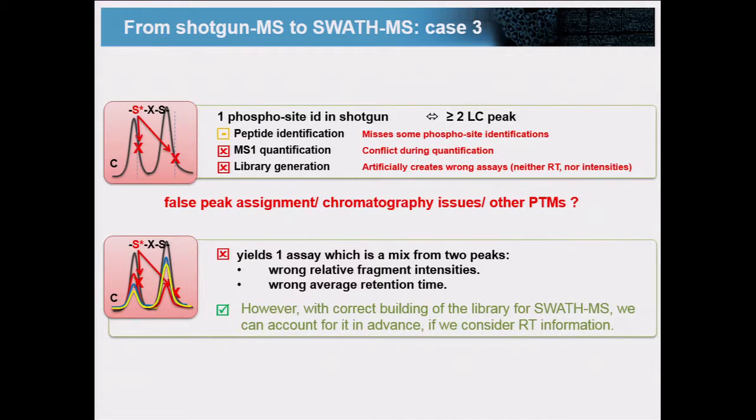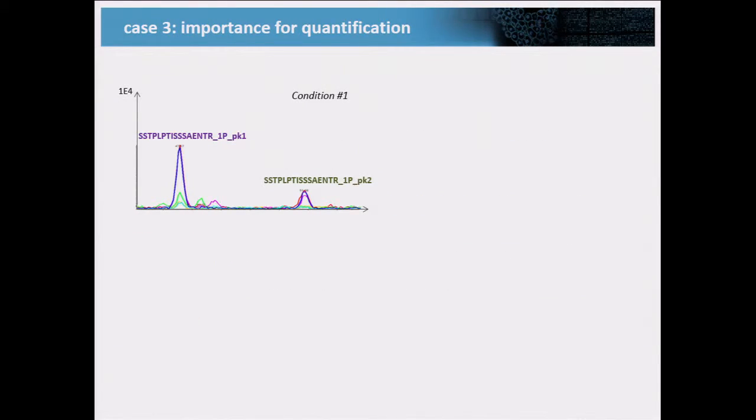So if we move from this situation into a SWATH-MS, we would have one assay that has a mix from two peaks. We would have the wrong fragment intensities, wrong retention time, and this is the part where we really try to be very careful in SWATH-MS and construct a different assay for each peak. So basically, conceptually, I will explain to you how we do this. I will not go into details.